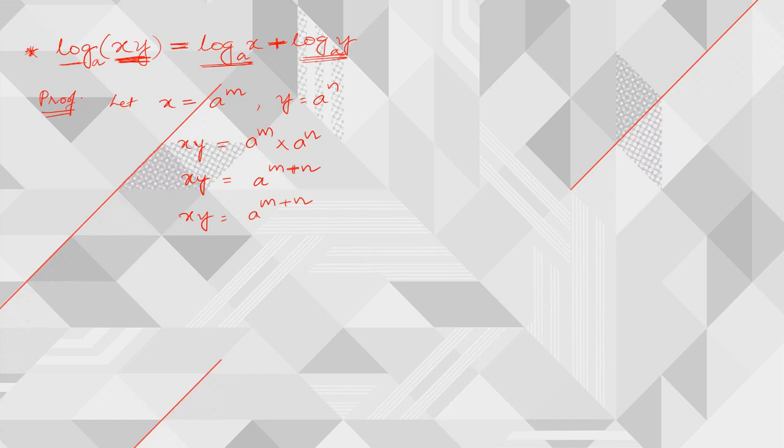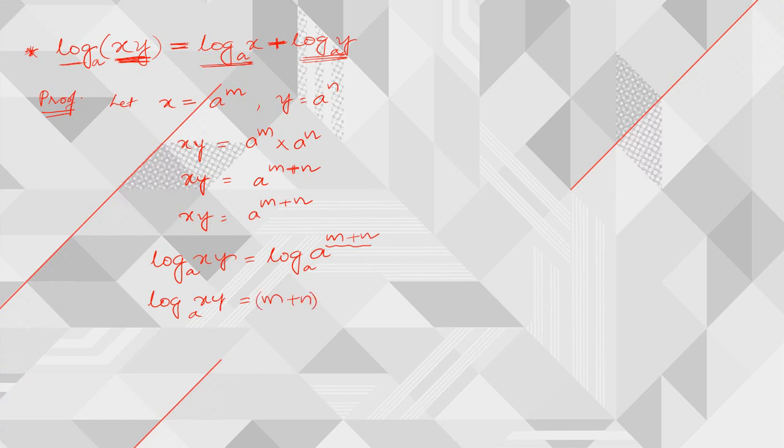Now when I apply logarithm on both sides, logarithm of x into y to the base a is equal to logarithm of a power m plus n to the base a. Using the power rule, we can bring the power to the front.